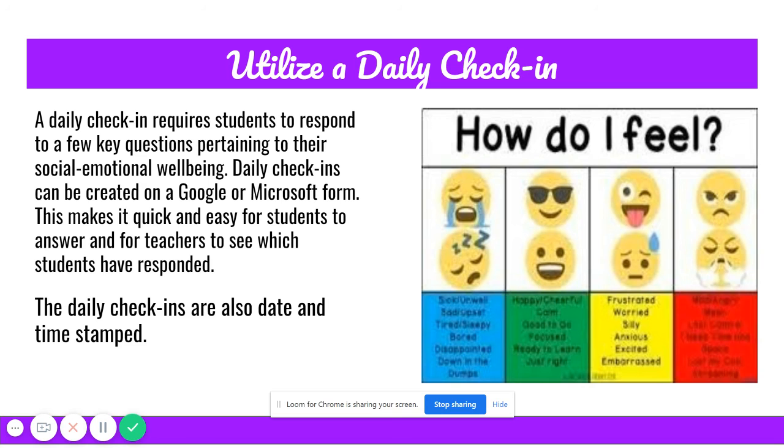Daily check-ins can be created on a Google or Microsoft form. This makes it quick and easy for students to answer and for teachers to see which students have responded. It can also be traced to students' email. The daily check-ins are date and time stamped for easy convenience.